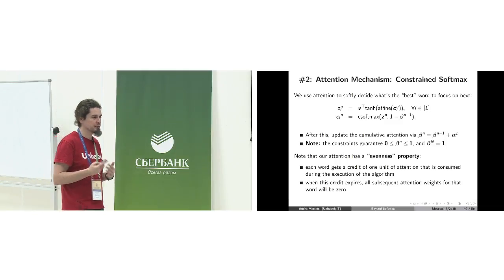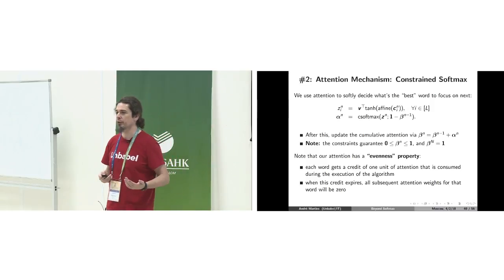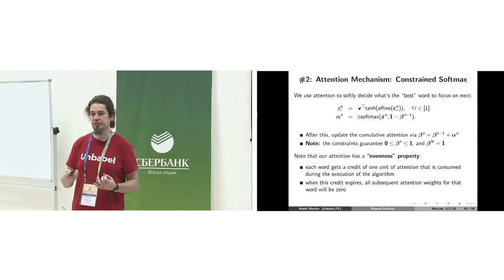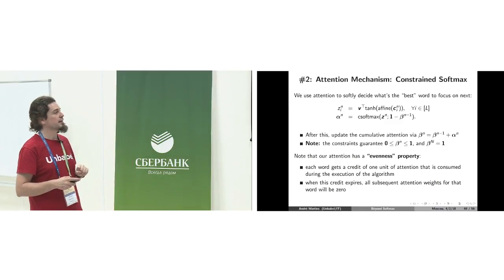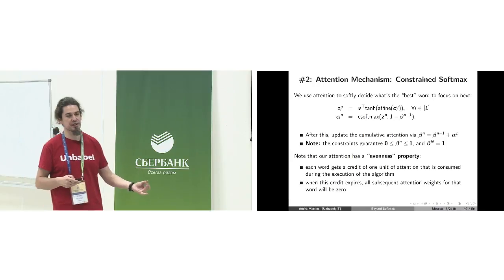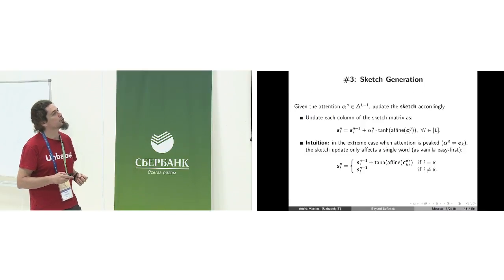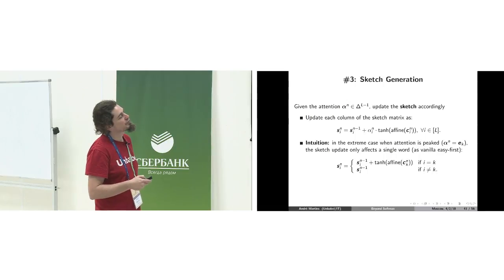So this kind of mimics the behavior of the vanilla easy first algorithm, where we don't touch words, or bound positions, that have already been covered. Given this attention, you then need to update the sketches. To do that, we take again an affine transformation of our inputs and do a pointwise multiplication by the attention for every word.